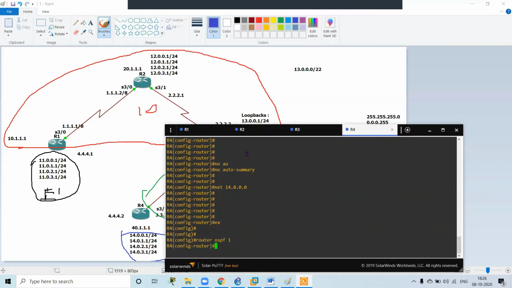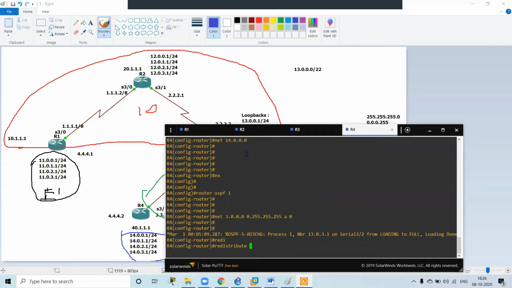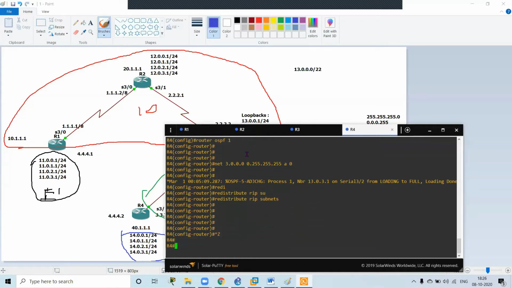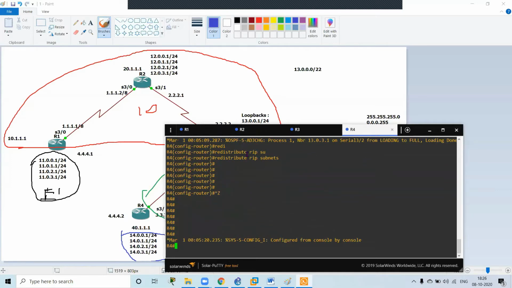Router OSPF 1, network 3 dot network 0.255.255.255 area 0, redistribute RIP subnets. Okay, done.